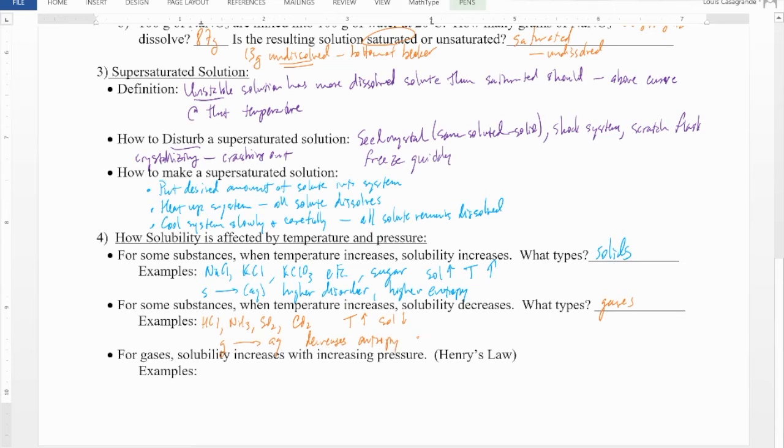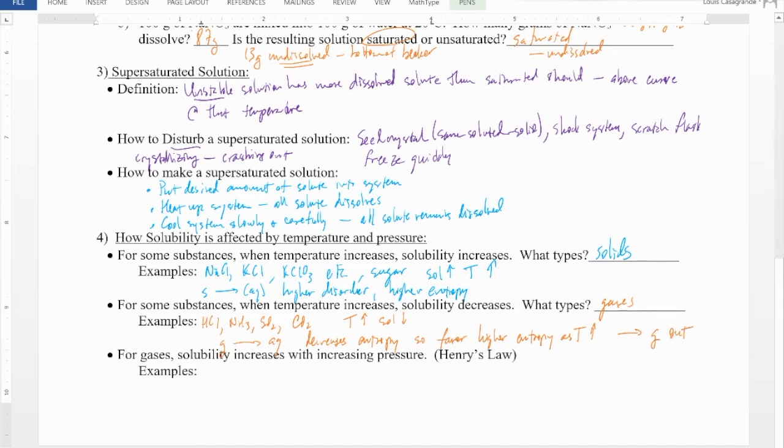And so nature favors higher entropy as the temperature goes up. That means the gas comes out of solution.